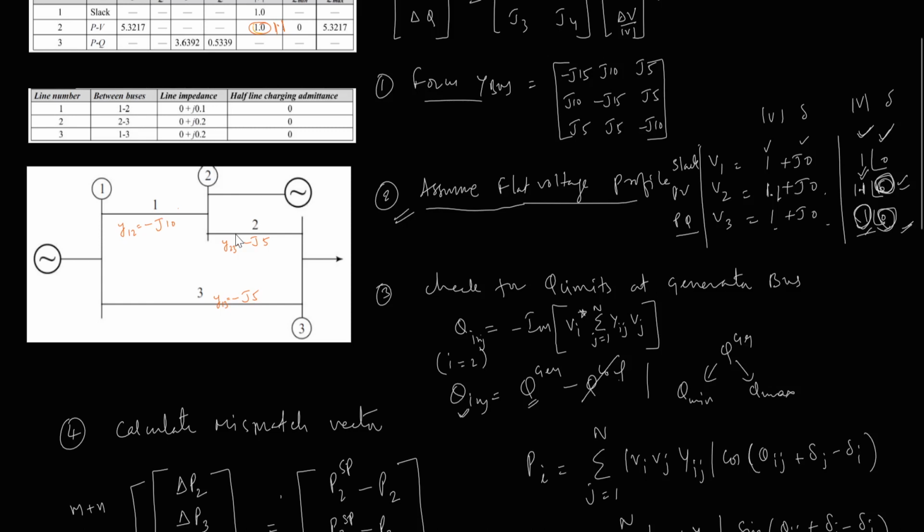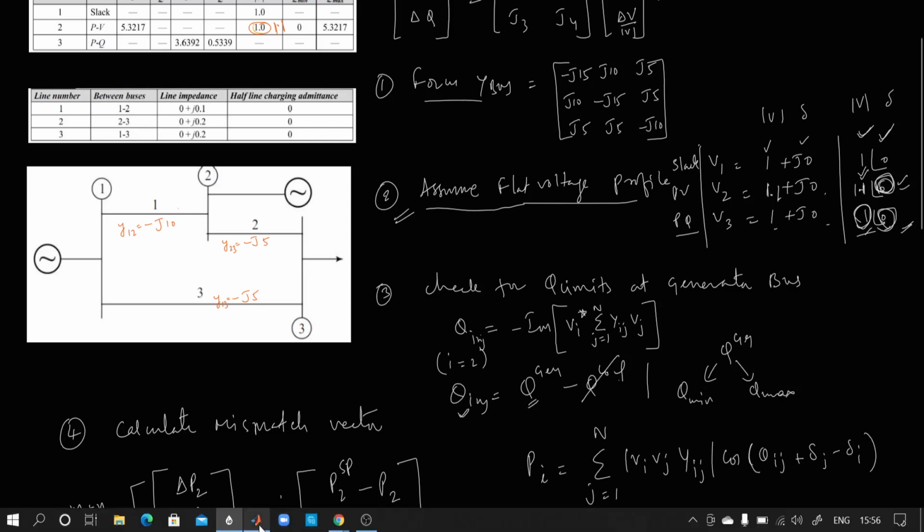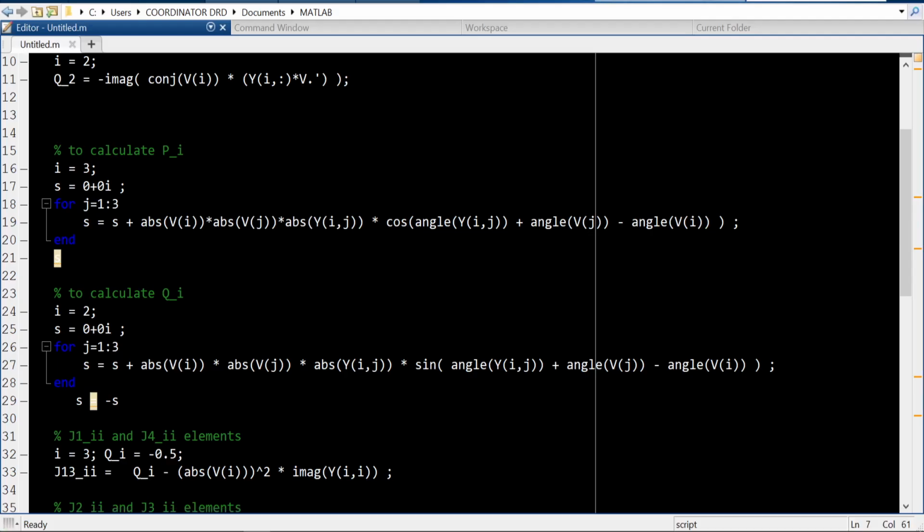Now with these voltages and this Y bus, let us compute the Q injection at the second bus. I have used a MATLAB program, where I have written the same equations.